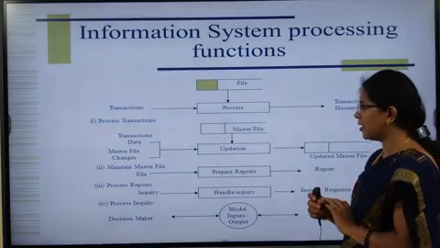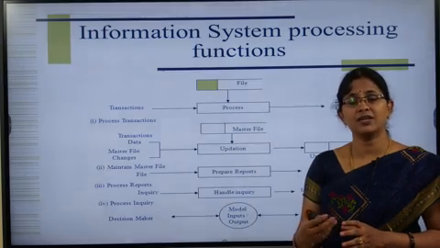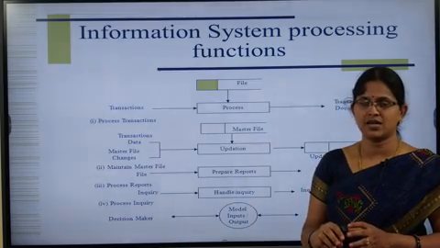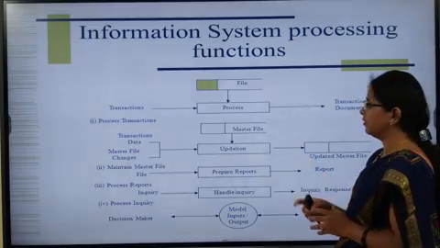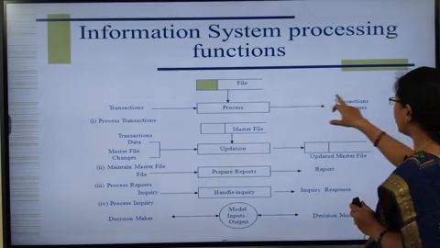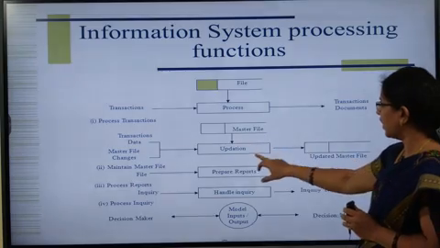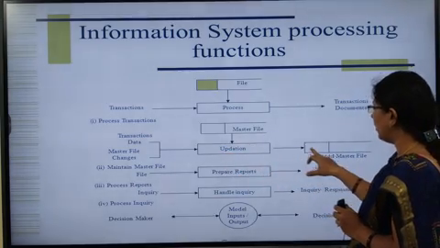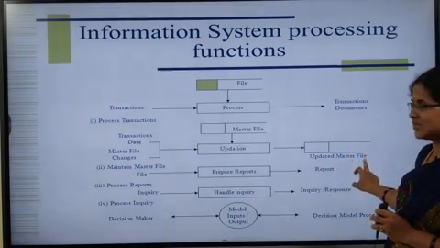From that master file, we make some necessary changes, additions or deletions to the transactions or the file, and we will go for updating the file. Whatever transactions we process here, finally we will prepare the transaction documents. After updating the file, we will go for upgradation of the master file.